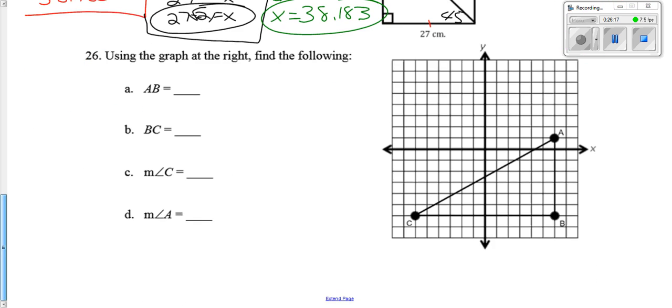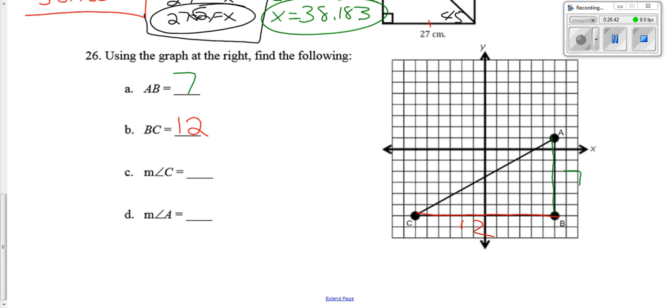26, our coordinate plane's back. So for AB, 1, 2, 3, 4, 5, 6, 7. BC, 3, 4, 5, 6, 7, 8, 9, 10, 11, 12. So the measure of angle C, we have to use trig. We have 7 here, 12 here.